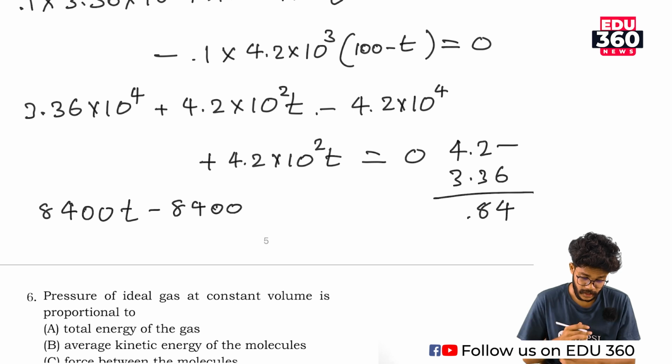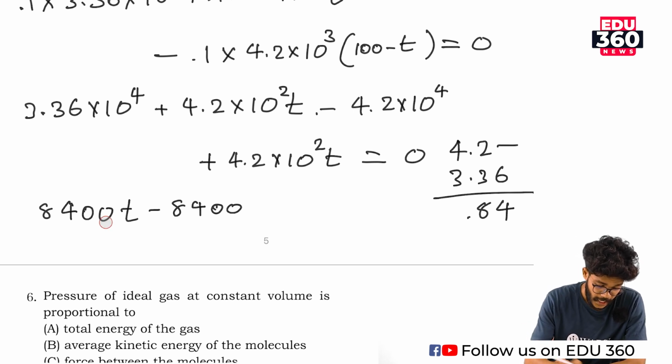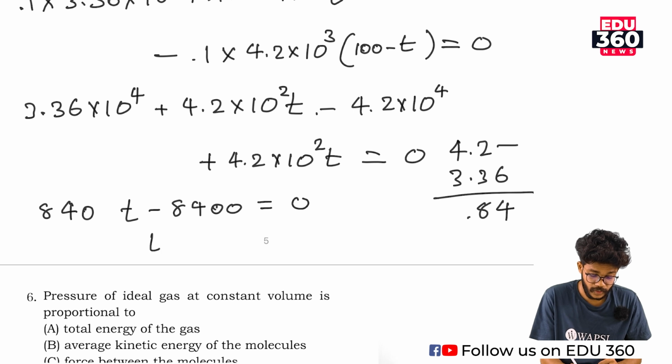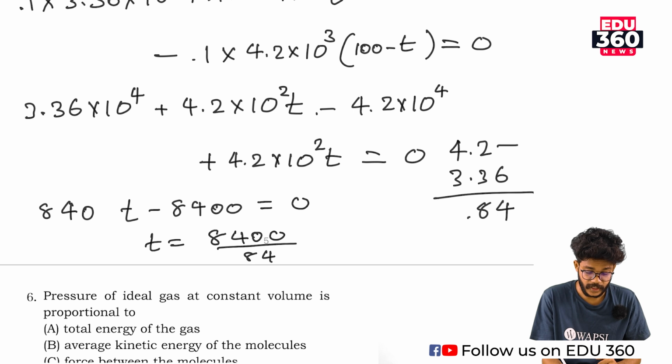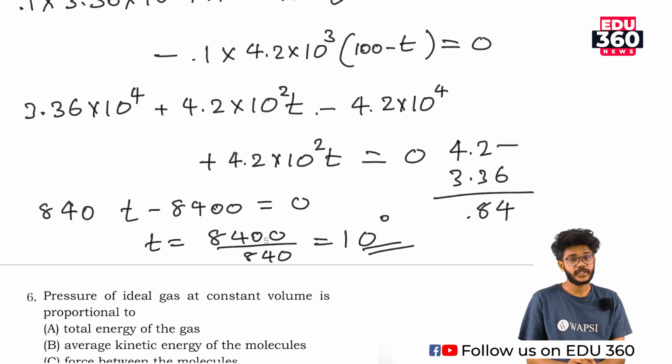And 4.2 into 10 raised to 2 is only 420, and 420 plus 420 is 840. So 840 T minus 8400 equals 0. So T is equal to 8400 divided by 840, which is 10 degrees Celsius. So the final temperature is 10 degrees Celsius.